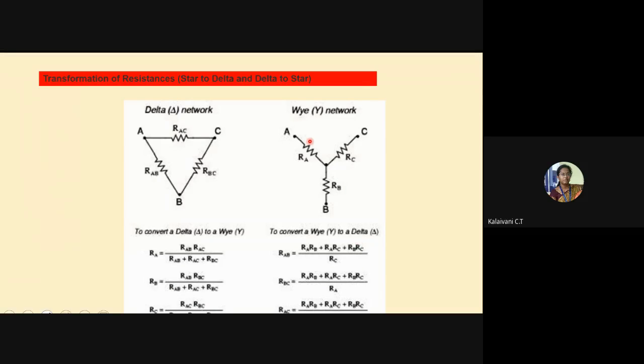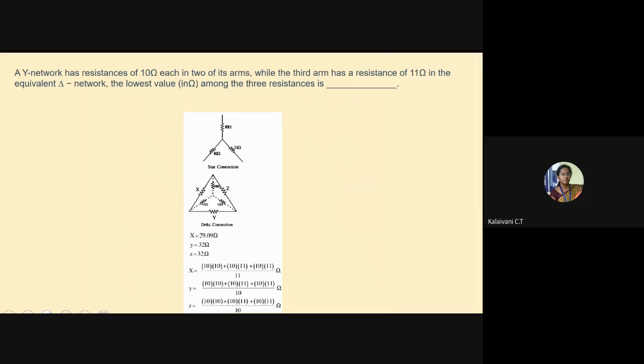Here it is as per our 10, 10 and 11. In our question, they have given the Y network 10, 10 and 11. 2 ohms are 10 and 1 ohm is 11.